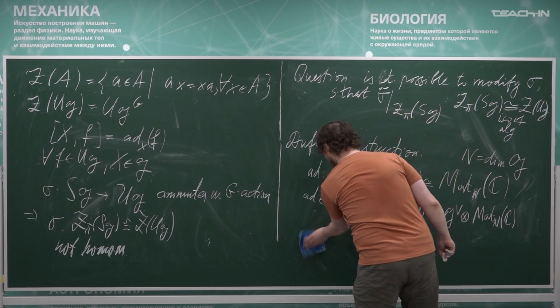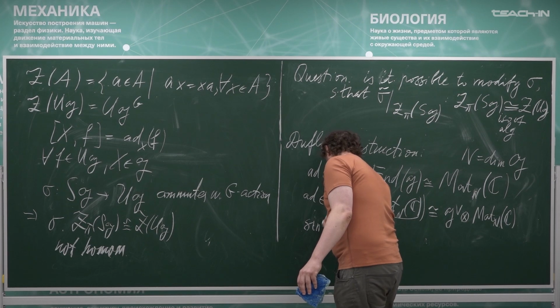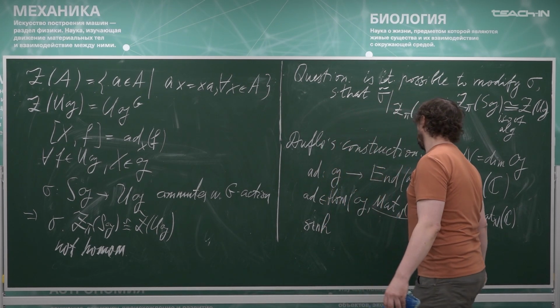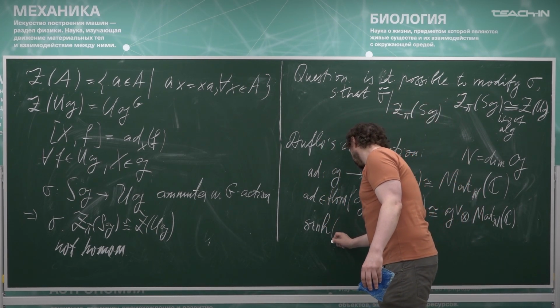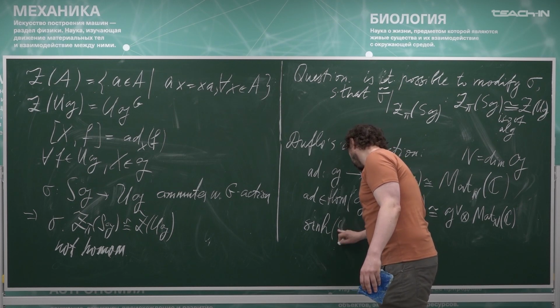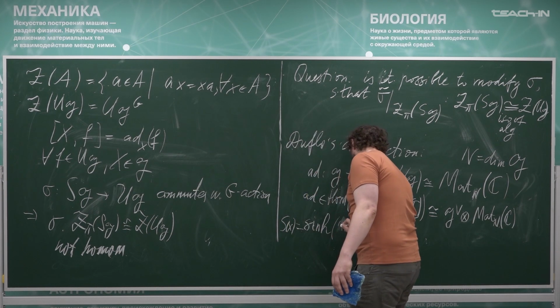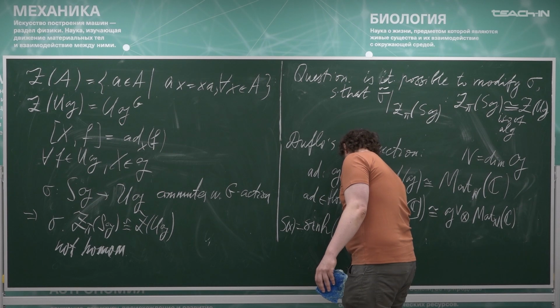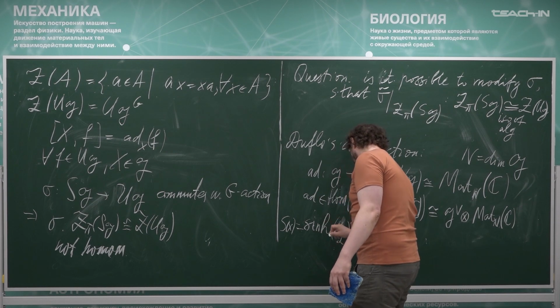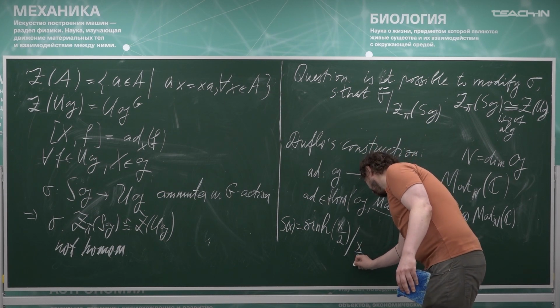I think in international abbreviation for this is sinh. So let's consider the function sinh S of x equal to sinh of x divided by 2, which we divide by x divided by 2.